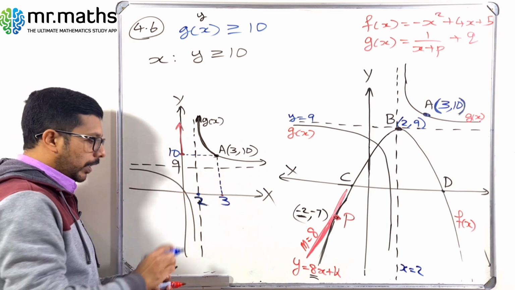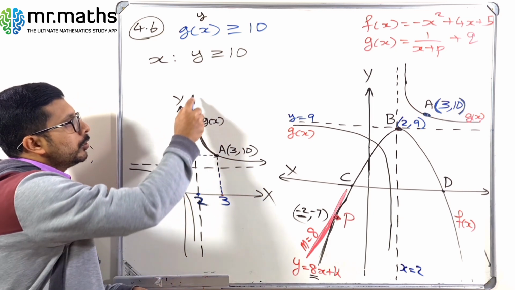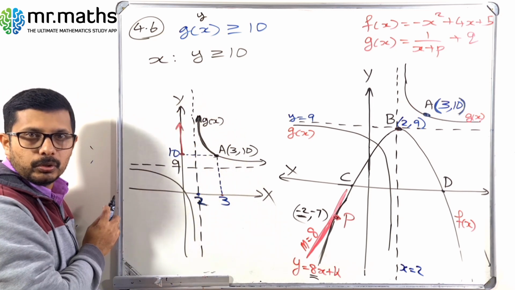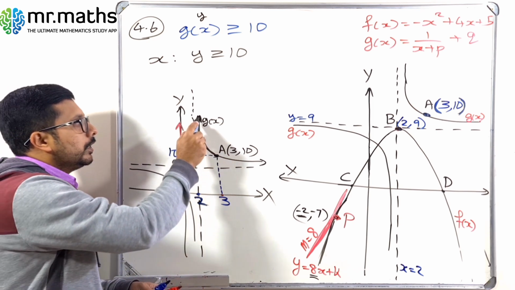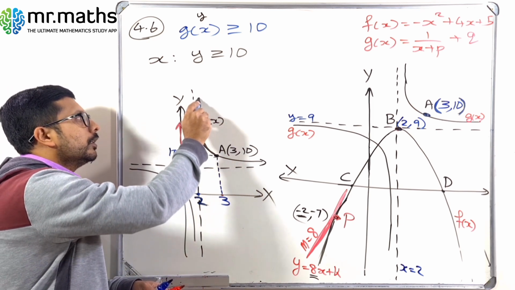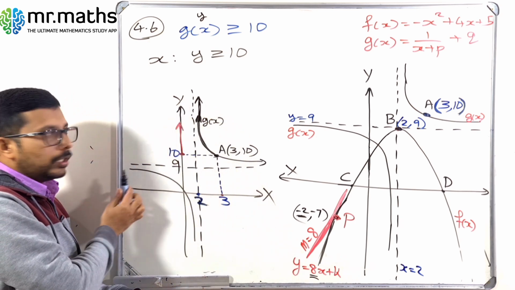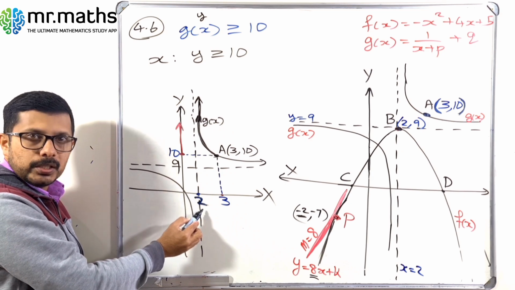Okay, so when y is greater than 10, is it possible for this graph to touch this asymptote? No, it can't cross the asymptote. Okay, so it is moving upwards like this, but it won't cross the asymptote. So at the asymptote, what is the corresponding x value? It is 2.